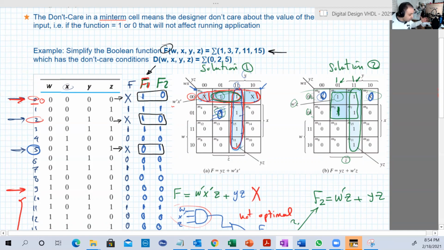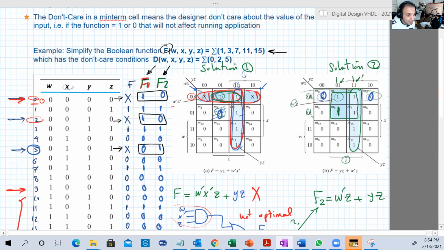Since you have don't care in the original f, the equivalent f, which you call f1, is exactly like f. It will not affect your system if you implement your system with f1, but we just manipulate a little bit the don't care value, so that we get a better or more optimized implementation. Same for f2.